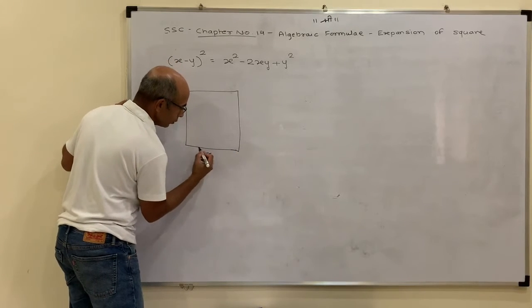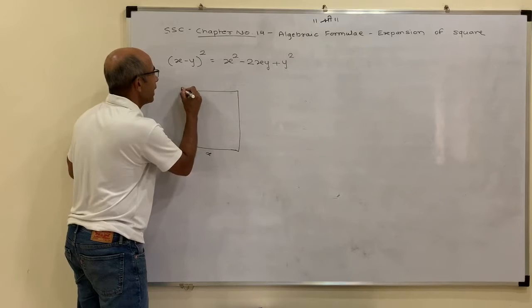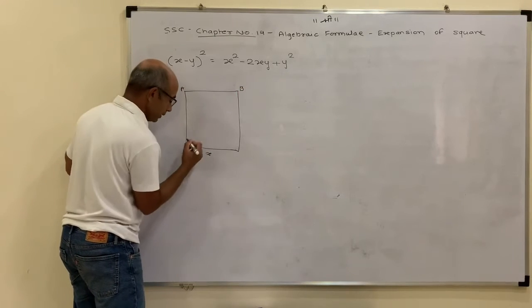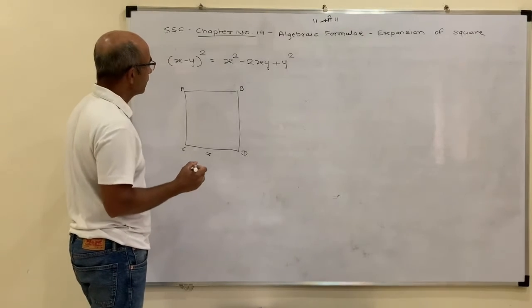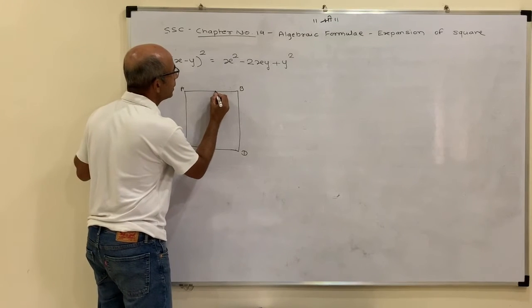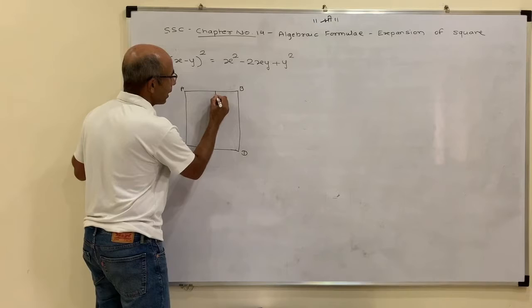This is the total side. So I say again A, B, C, D. Now I cut from here.